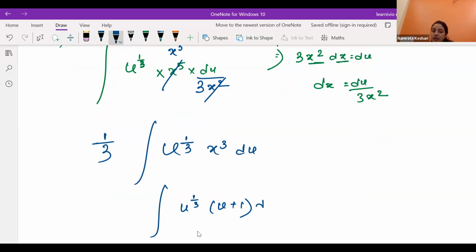Can you see, Annapurna, it became simple. When you apply the distributive property, multiplying u to the power 1 by 3 in the bracket, term by term integration you can do, right? Yes. Let's move.